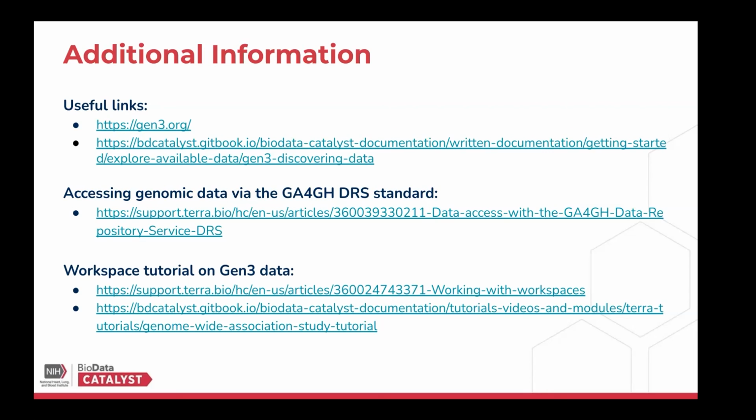We have some extra information about GA4GH DRS standards and how it applies to our data and retrieving information. And then we have some extra tutorials for how to take data from Gen3 and then start a workspace and actually perform some pipeline work.